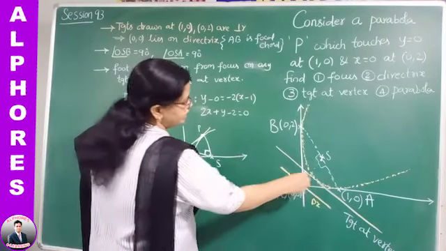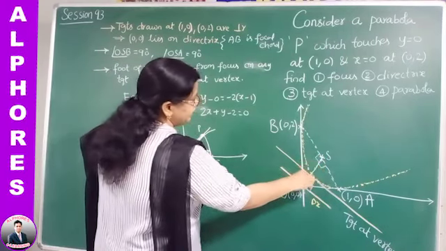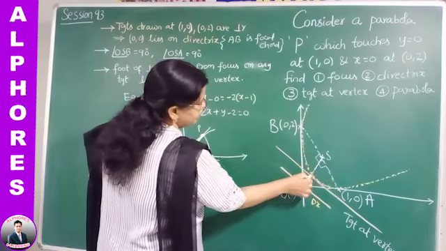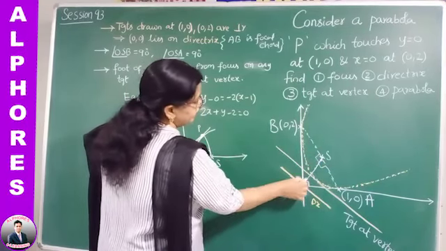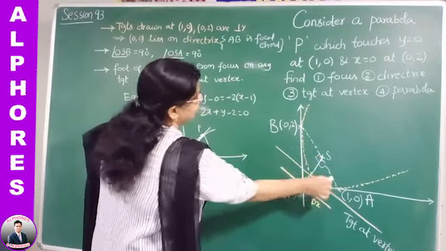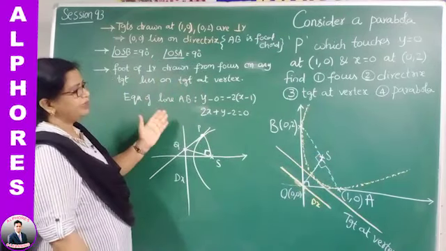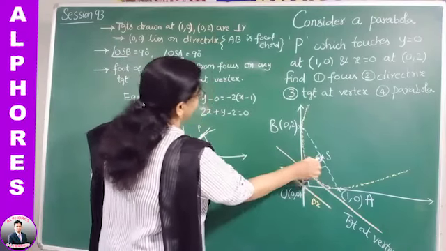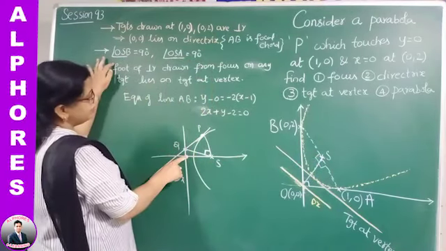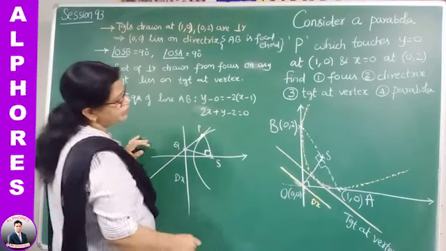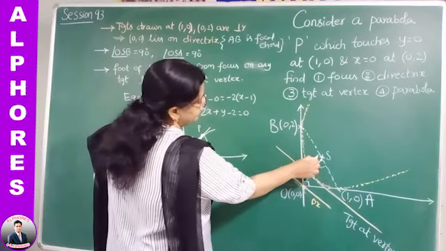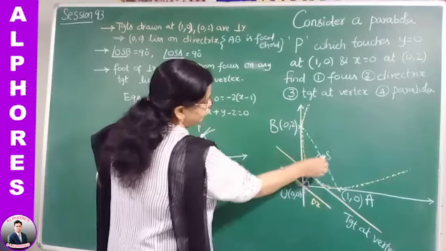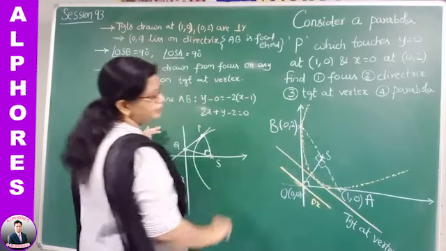Because of this relation, you observe this is nothing but 90 degrees. Here also 90 implies the line joining OS is exactly perpendicular to the line AB. If you join this, this is 90 degrees because of our property, and therefore you can clearly say the line joining OS is perpendicular to AB.